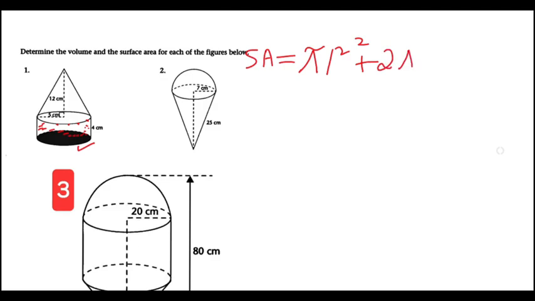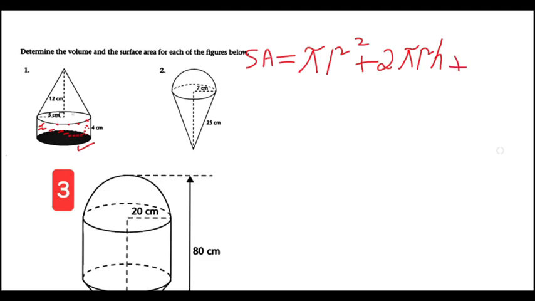Remember, the lateral surface area of the cylinder formula is 2 pi r h. For this, you have to make your own formula. They are not going to provide this one. They will give you the whole formula for the cylinder, cone and hemisphere, but lateral surface area you have to obtain yourself.